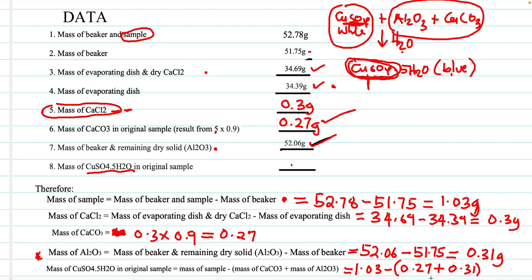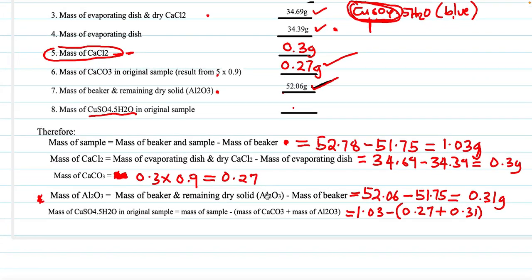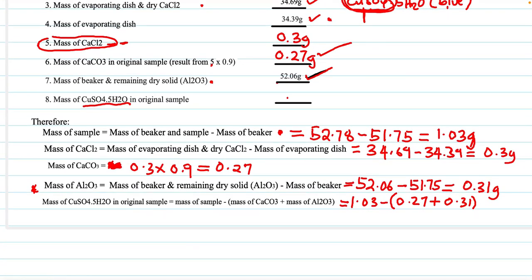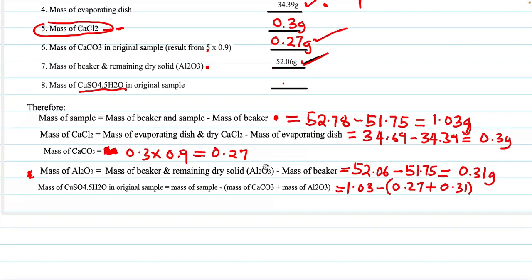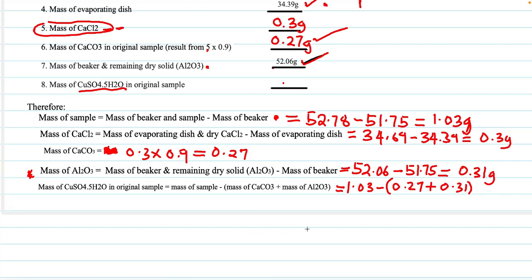All right, now for us to actually get this, we're now going to say 1.03 minus 0.58.